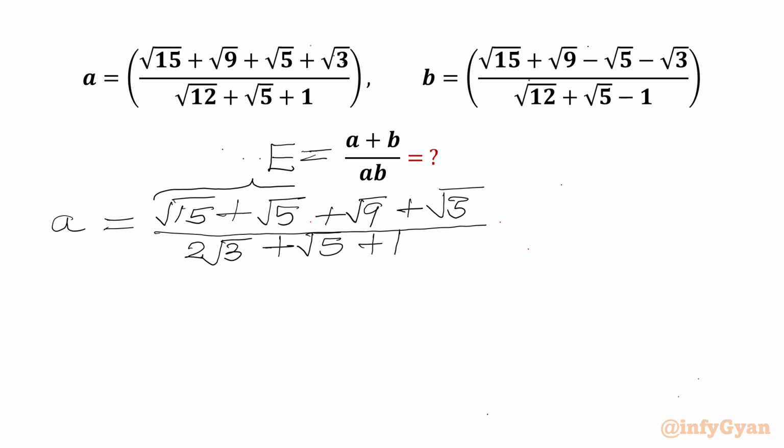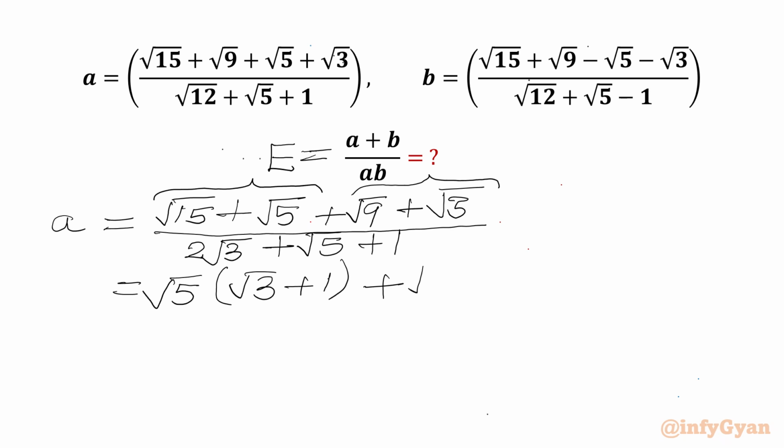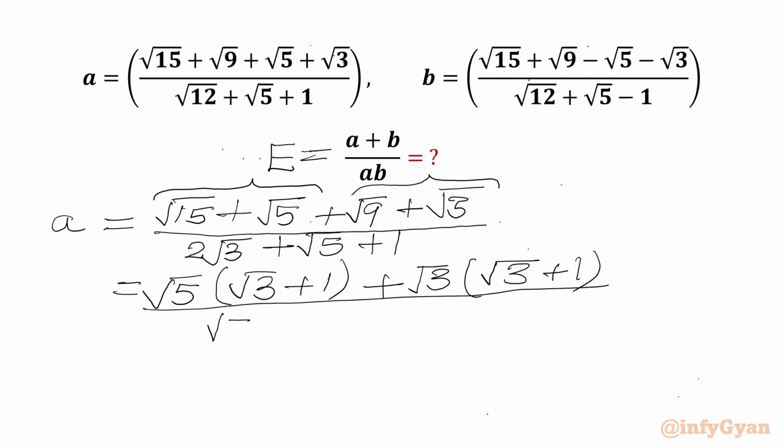Now I can take root 5 common from these two and root 3 common from these two. So I will get square root 5 common in the bracket root 3 plus 1, then root 3 common in the bracket root 3 plus 1. In the denominator, we can write square root 5 first, then 2 square root 3 can be written as root 3 plus root 3, then we have plus 1.